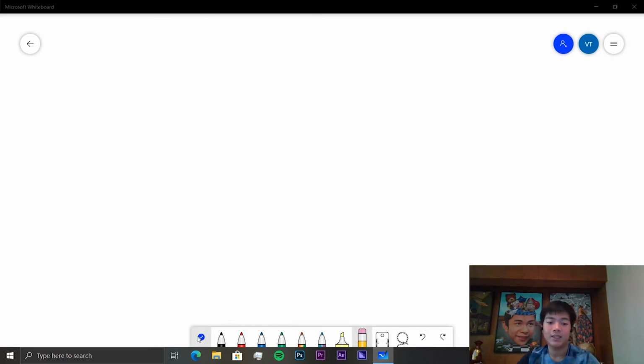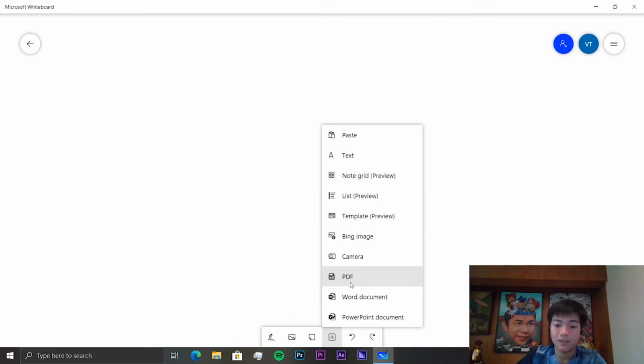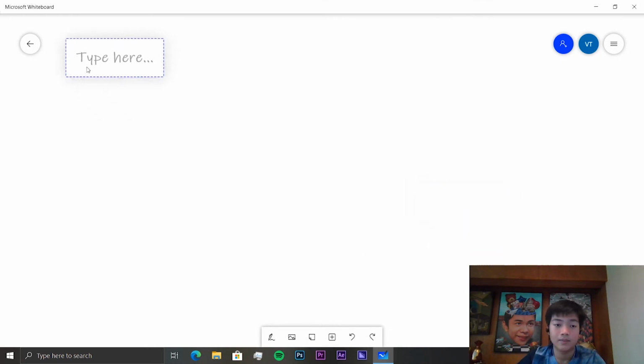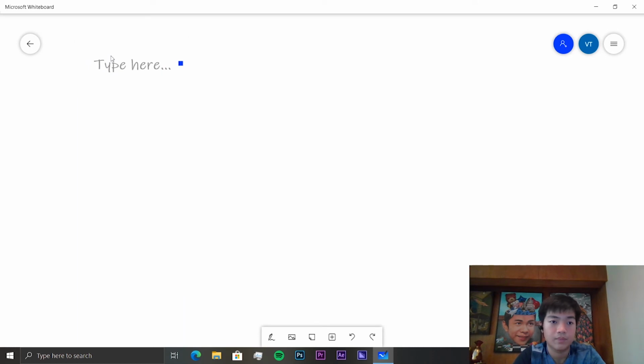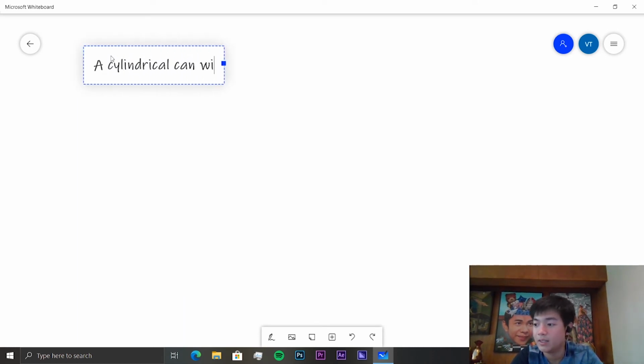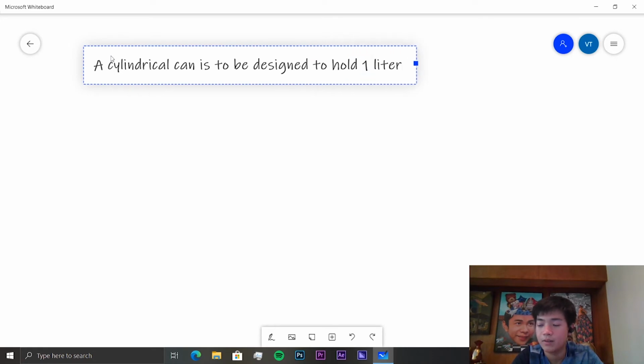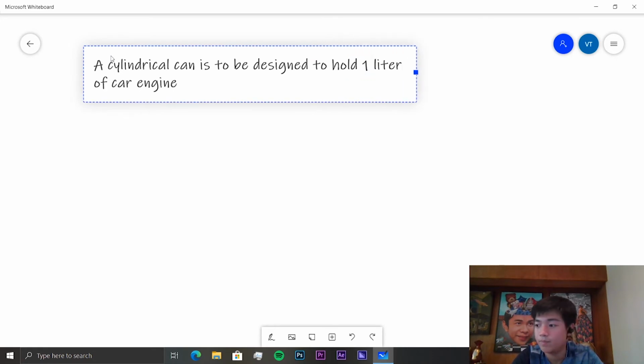And so that is, we have a cylindrical can that is to be designed to hold 1 liter of car engine oil.